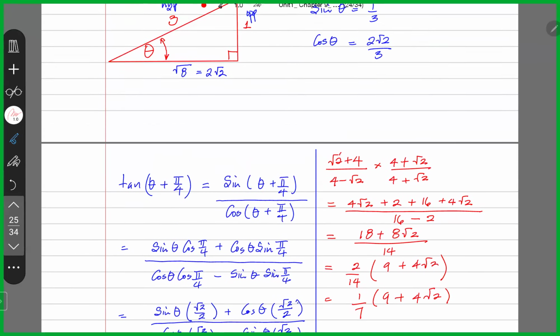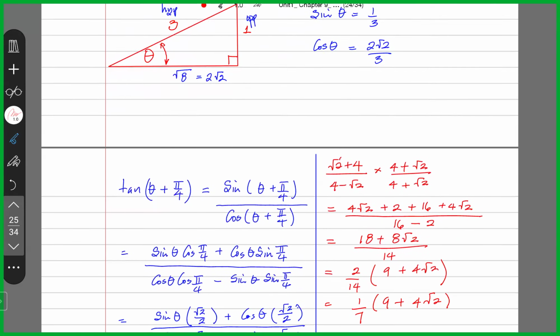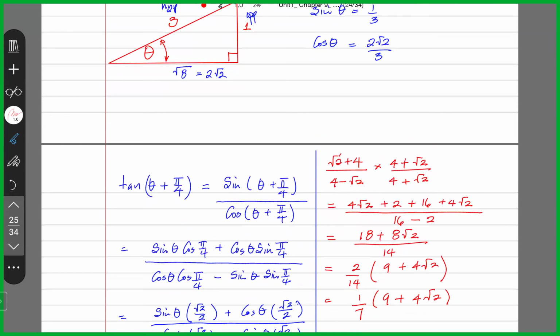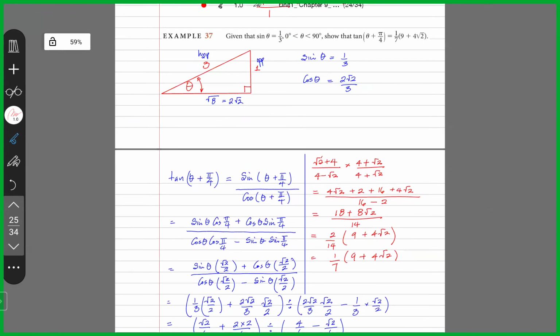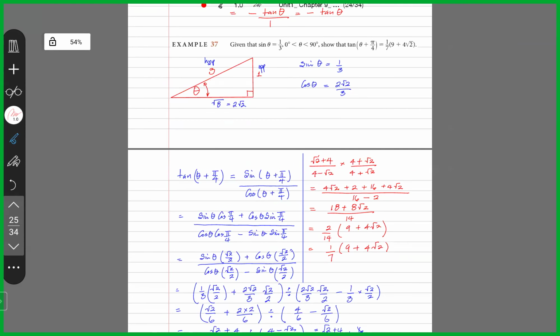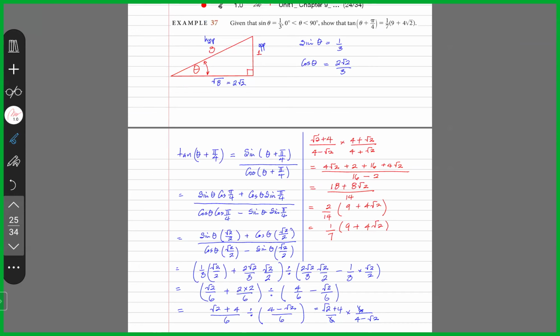Let's see if that's what they said we should prove. And yes, that's exactly what they said we should prove. And we did it. Let's try and see if we can get a view of the entire thing. All right, so this is example 34.